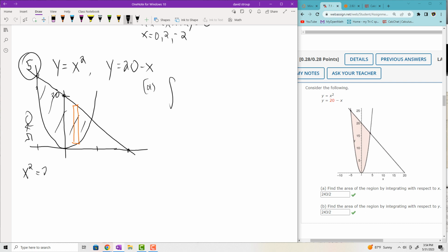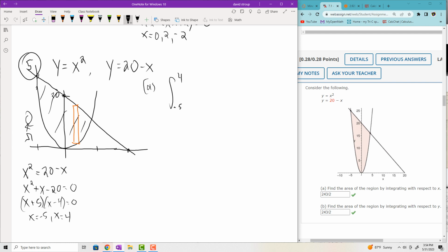So you have x squared equals 20 minus x. You get x squared plus x minus 20 equals 0. So x plus 5, and then x minus 4 equals 0. So x is negative 5, and then x is 4. So I'm going to be running from negative 5 to 4, collecting those little rectangles.